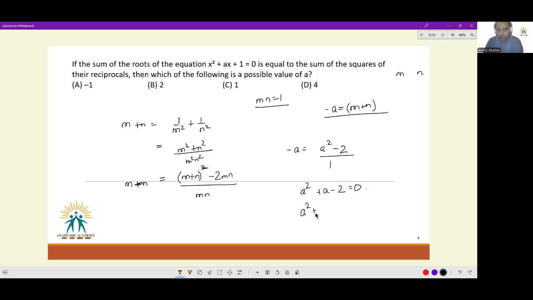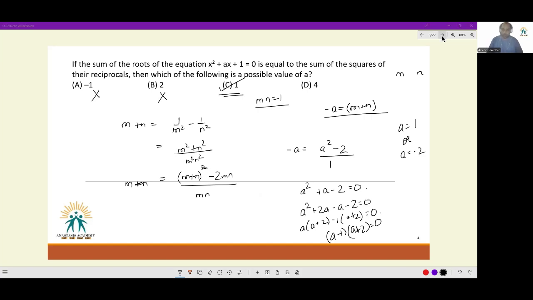Or a square plus 2a minus a minus 2 is equal to 0. a plus 2 minus 1, a plus 2 equal to 0, which gives us a minus 1 or a plus 2 is equal to 0, which finally leads us to a is equal to 1 or a is equal to minus 2. a cannot be equal to minus 1, a cannot be equal to 2, a can be equal to 1, and therefore this has to be the answer to the question.